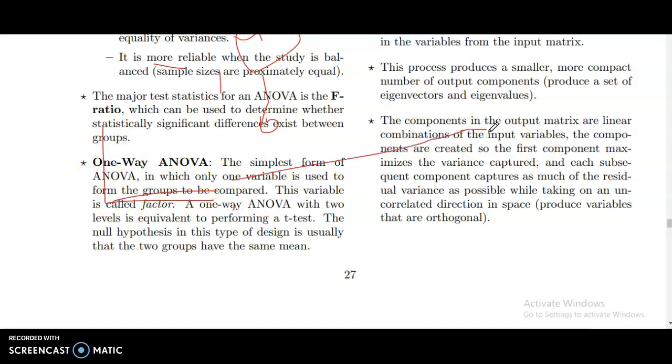The components are created so the first component maximizes variance captured, and each subsequent component captures as much of the residual variance as possible while taking an uncorrelated direction in space. It produces variables that are orthogonal.